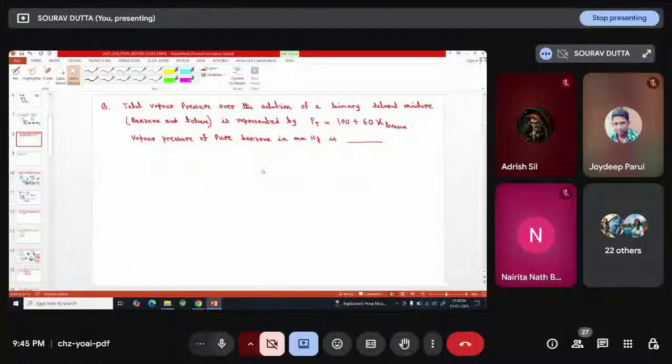So how can we solve this question? It is a very nice question. What is given to you? PT equals total pressure: PT is 100 plus 60 into mole fraction of benzene.